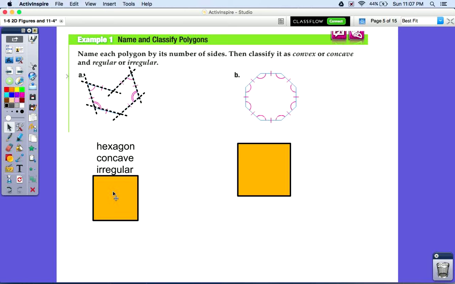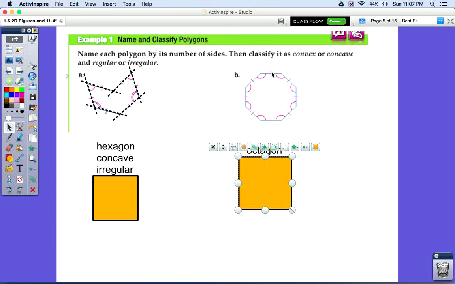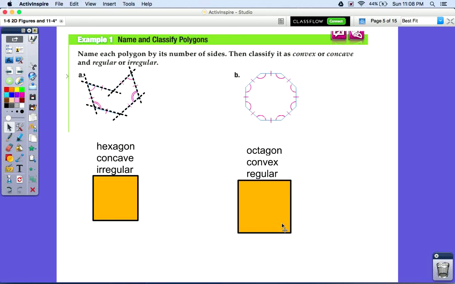And it is irregular because all the sides are the same, so it's equilateral, but all of the angle measures are not congruent. This, however, is an octagon because there are 8 sides, and if I were to draw in all of the sides, which I didn't on this one, it would be convex because they would not intersect in the center anywhere, and it would be regular because all of the sides and all of the angles are congruent.